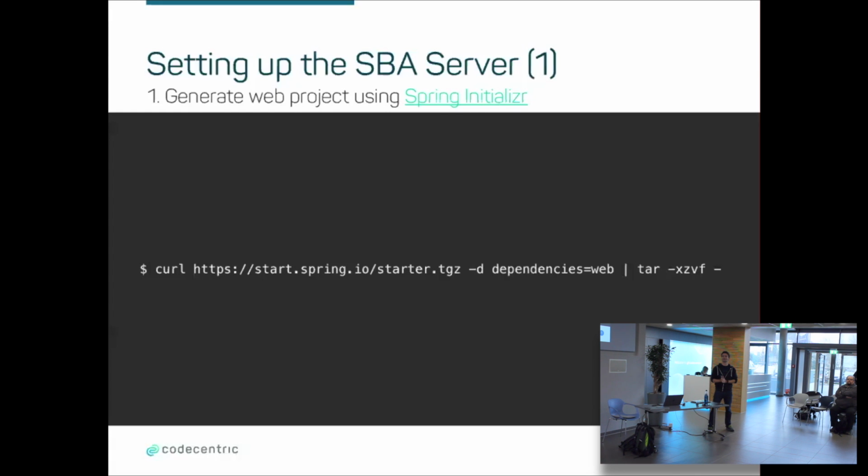We are working on integrating Spring Boot admin in the Spring Initializr itself. So either you go on start.spring.io and you see a nice web page, or you can just use this nice little curl command to fetch and scaffold a project for a web application and extract it to the current directory.